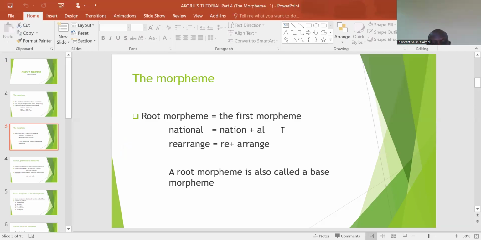The same way, we can have national, where nation is the root to which we add al. Rearrange, we can have arrange being the root, so we add a prefix re to form another word. The base morpheme is also called the root morpheme, the base or the root.